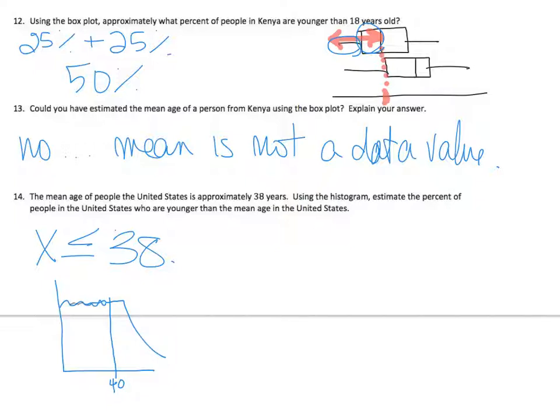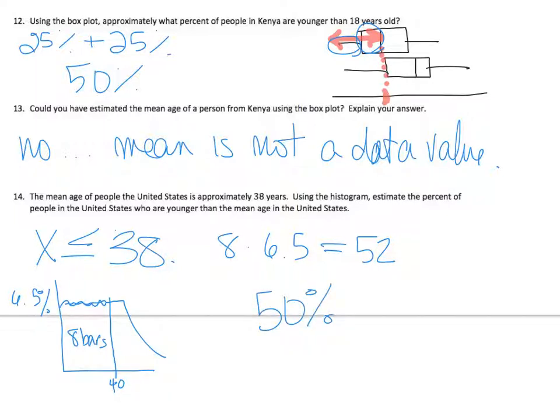All of these values are around 6.5%, and there are 8 bars there. So I just did 8 times 6.5. It's approximate. That equals 52. So you could say about 50%. Close enough, right? If we're estimating, about half the population is less than 38 years.